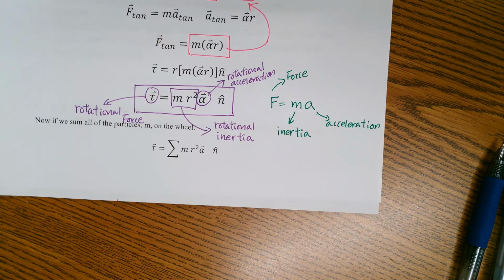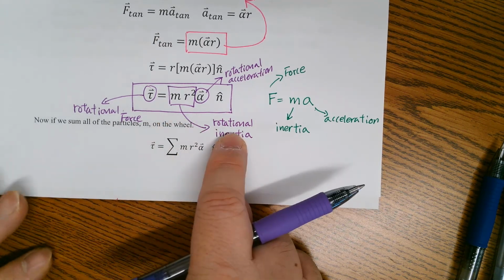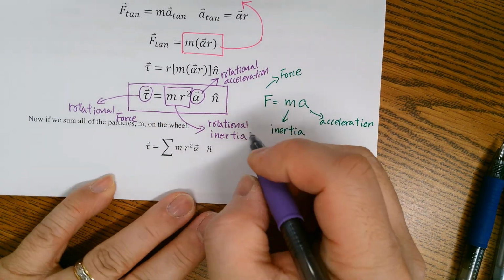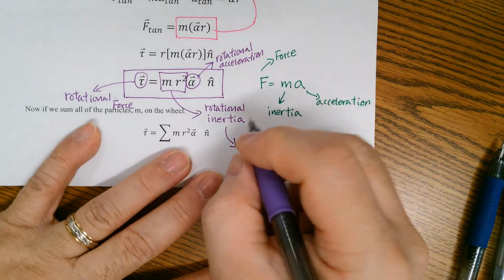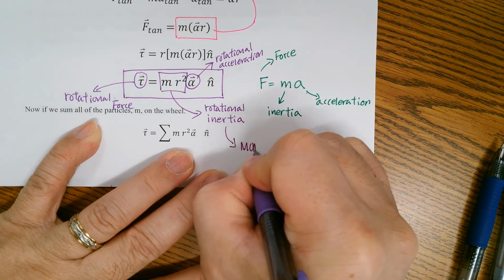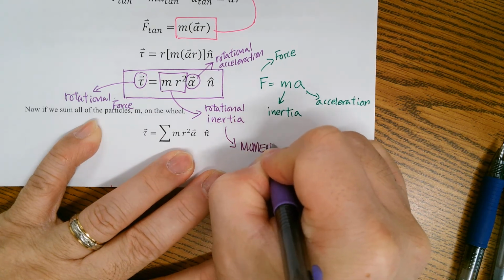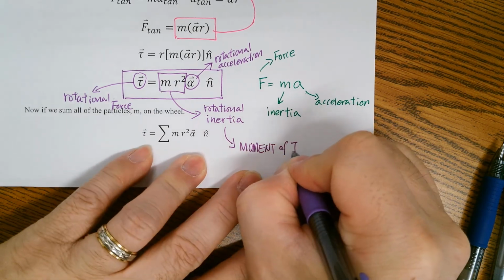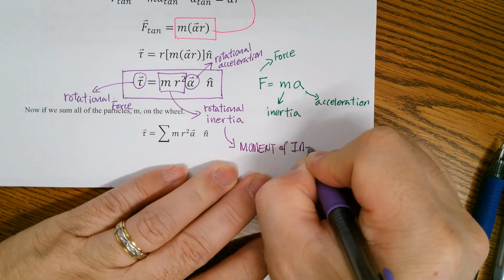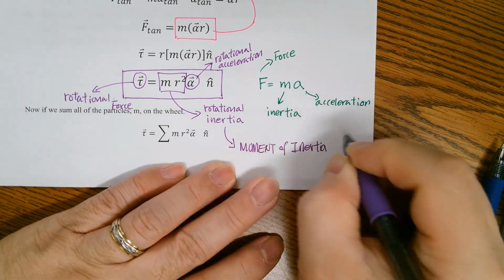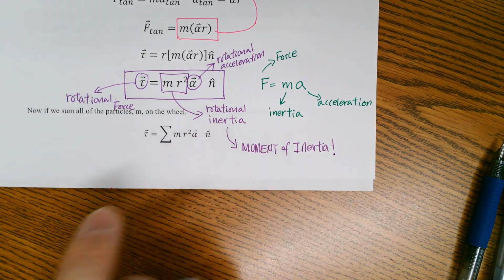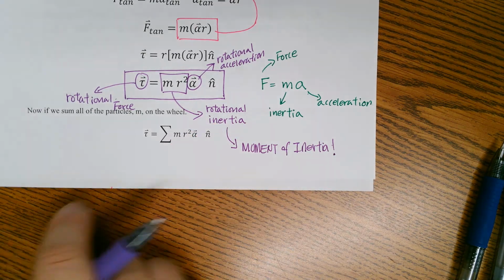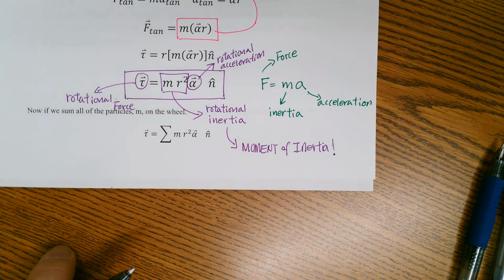This rotational inertia is also known as the moment of inertia. This moment of inertia can be thought of as rotational mass or rotational inertia.